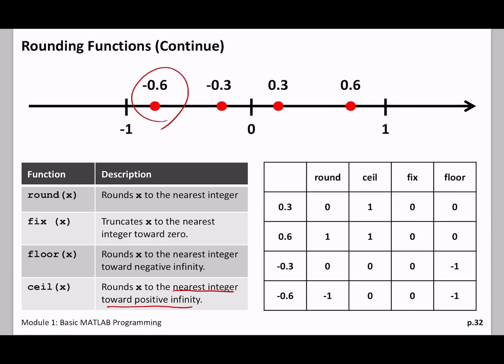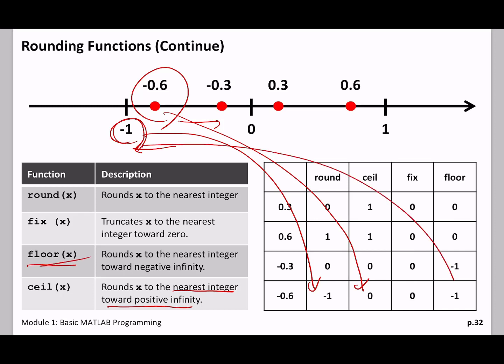Let's do this for minus 0.6. Round, the nearest integer, is minus 1, right? The nearest integer towards 0 is 0, right? The nearest integer toward negative infinity is minus 1, so floor is minus 1.